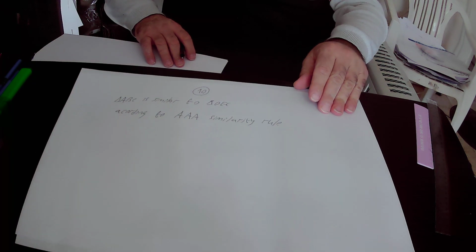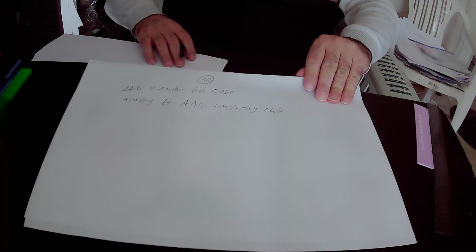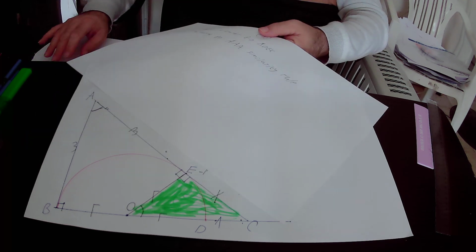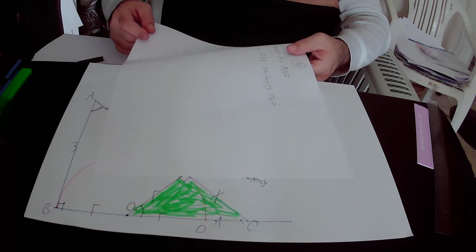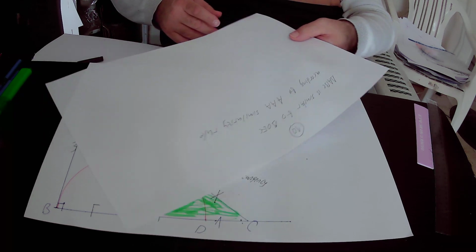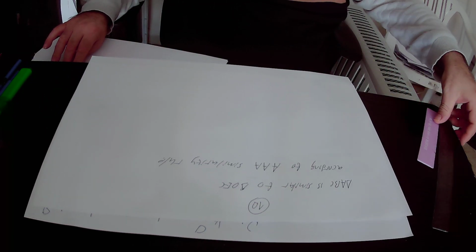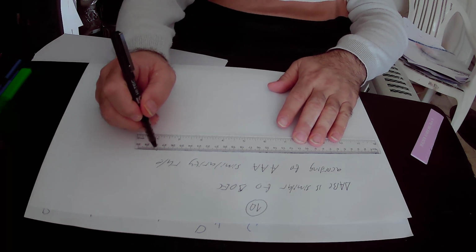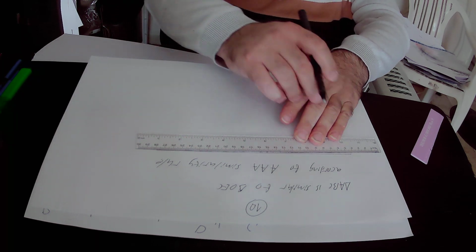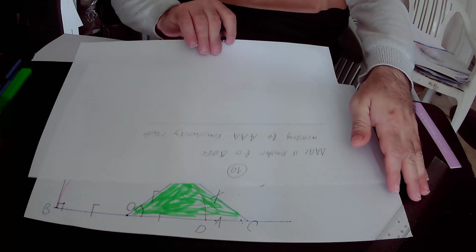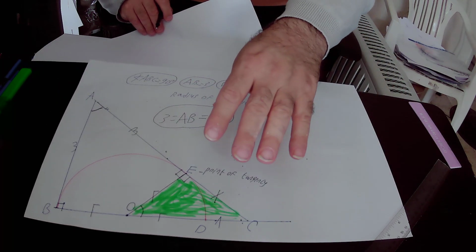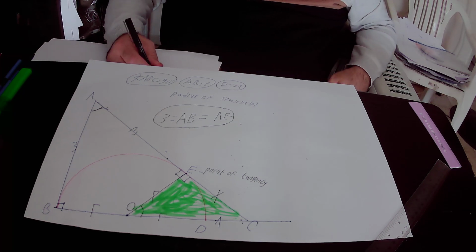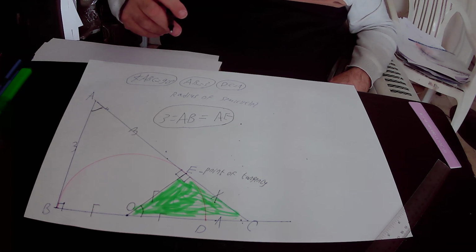The angle similarity rule is that if you prove that all three angles of one triangle are equal to all three angles of another triangle, then those two triangles are similar to each other according to the angle similarity rule.